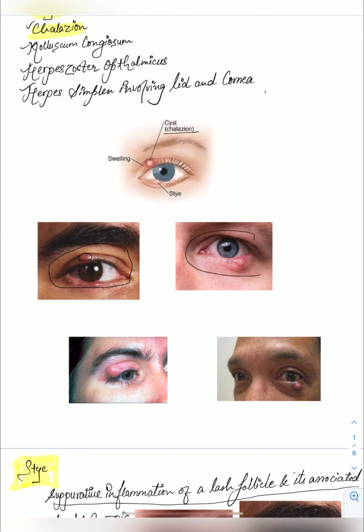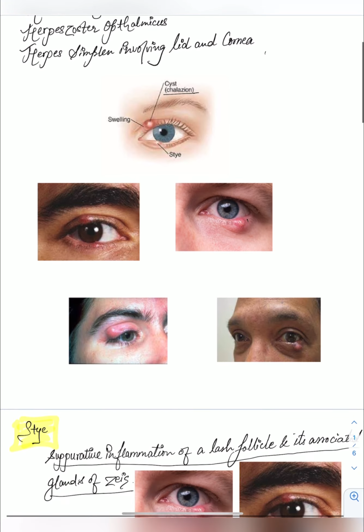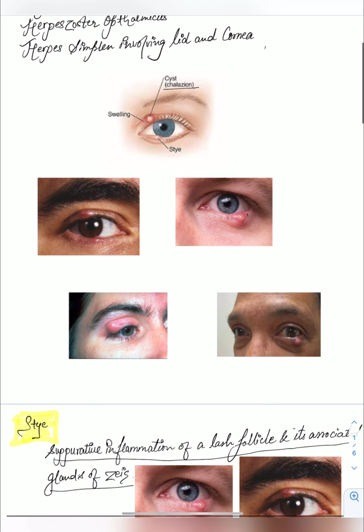In the third image, there is yellow, which means pus has started forming, and it is near the eyelid margin or on the eyelash. So these are Stye. But there are other differentiating points which will be learned later on.